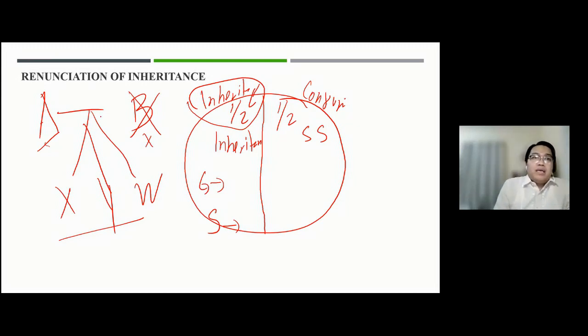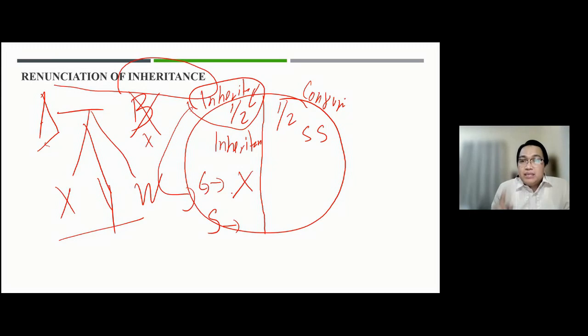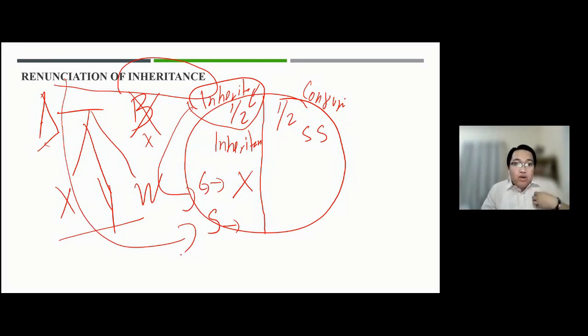So, the rule is, if you renounce an inheritance and the renunciation is general, that is not subject to donor stocks. But if the renunciation is special, in-identify mo kung kanino mapupunta yung property, yung share mo, yung mana ko, ibigay nyo na lang kay X. Okay? That is what? Donation. Okay? It is as if tinanggap mo yung mana pero ibinigay mo kay X.